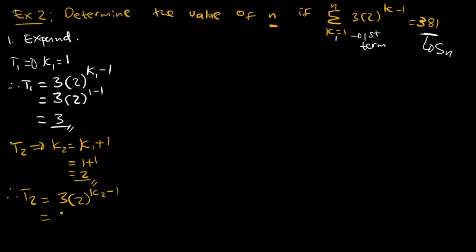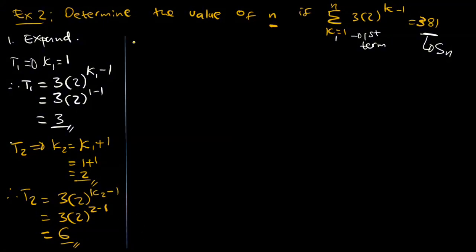K2 is 2, minus 1, so that gives 1 there. So it's 3 times 2, which is 6.